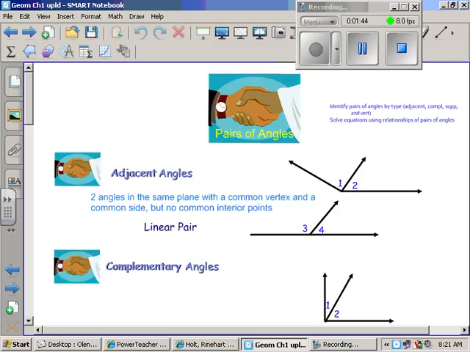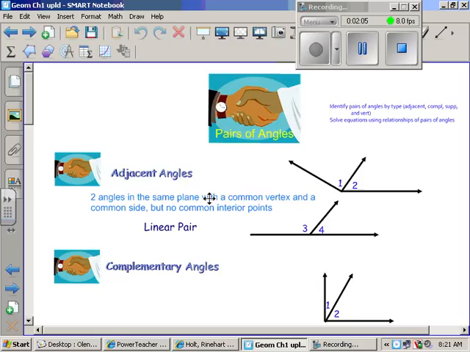A kind of adjacent angle is a linear pair. Does anybody know what makes a linear pair unique? What makes it different than any other adjacent angle? Both the angles equal to 180. Exactly. They're adjacent angles whose sum is 180.